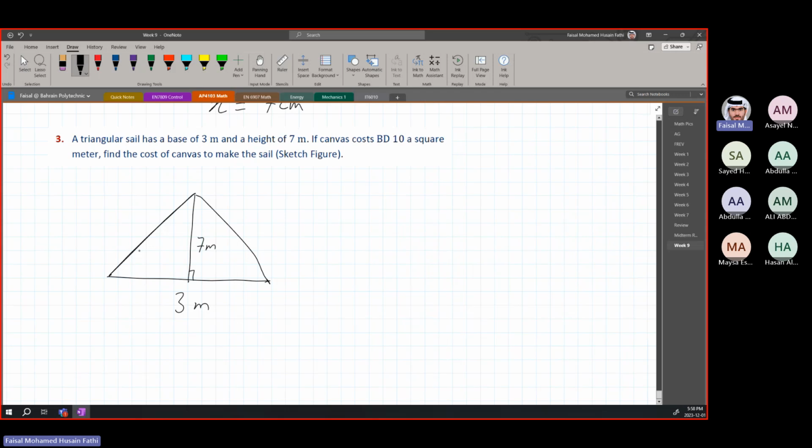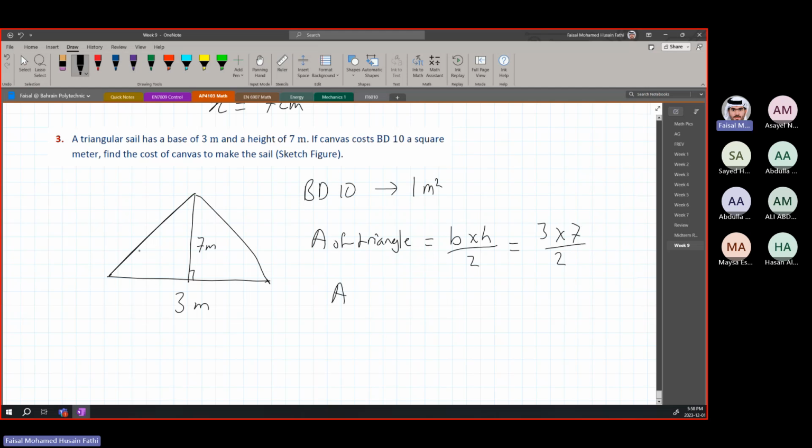If the canvas cost, so cost is BD 10, 10 dinar. 10 dinar for what? Per 1 square meter. Find the cost of the canvas to make. Now, here you have to first find the total area. How do you find the area of a triangle? Area of a triangle is equal to base times height over 2, which is equal to 3 times 7 over 2.